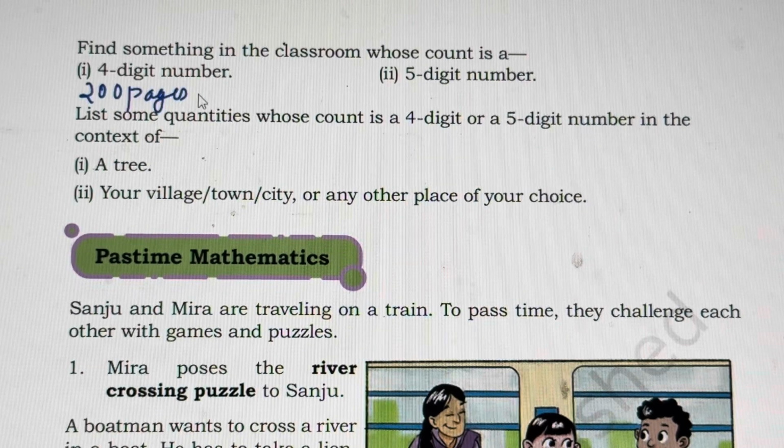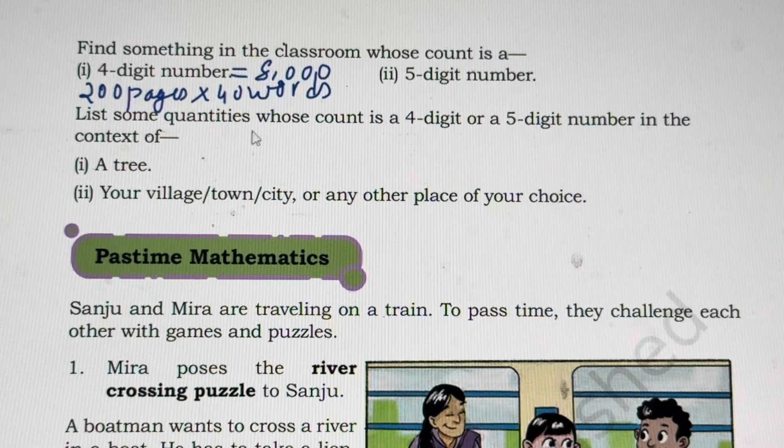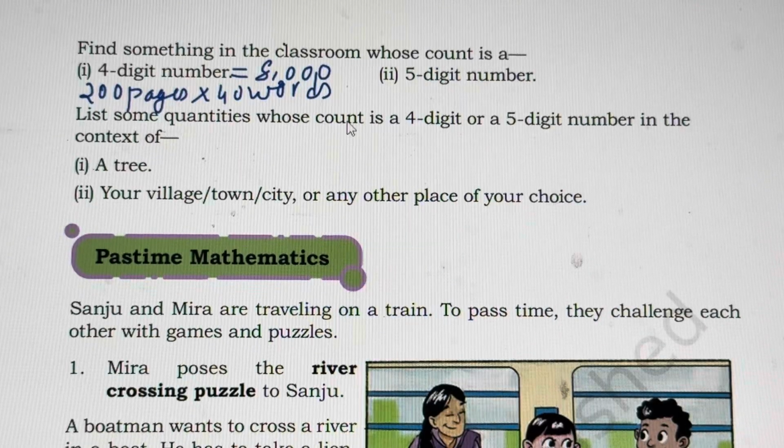And if we consider there are 40 words in one page. Now if we multiply 200 into 40, what do you get? 2 fours are 8 and 3 zeros, so 8,000. So there will be a total of 8,000 words in everyone's book together if we consider the maths book. So we have taken one 4 digit number example.